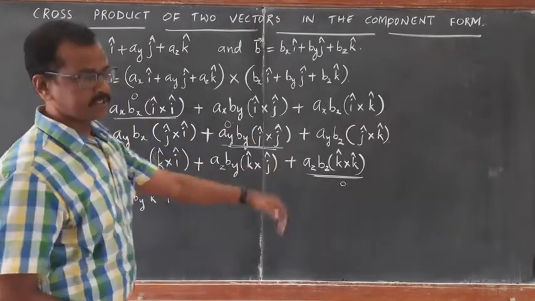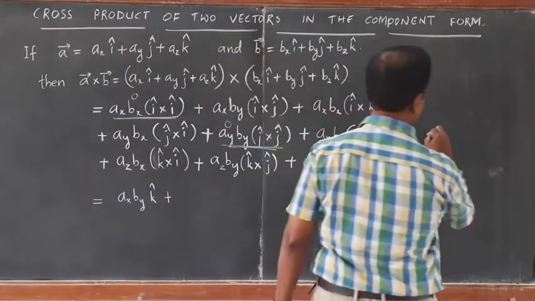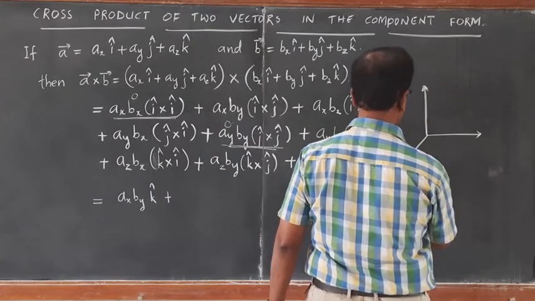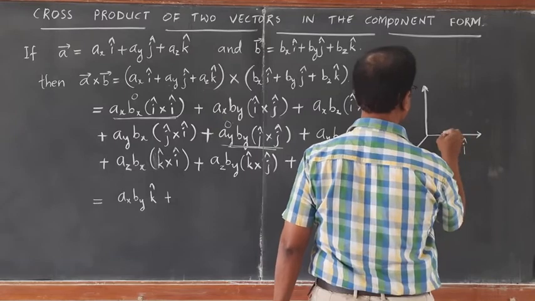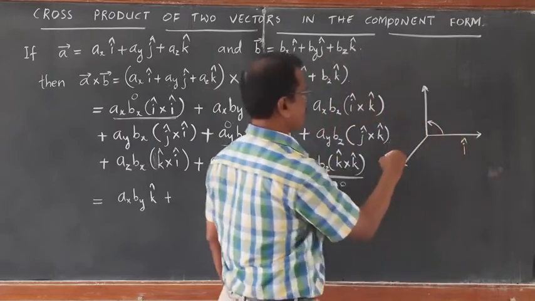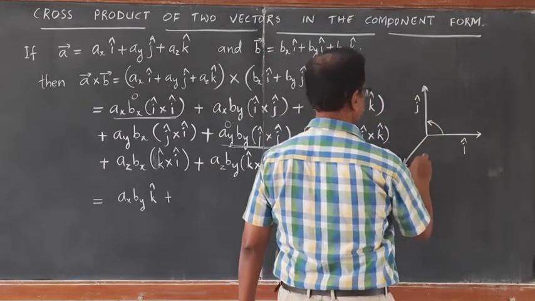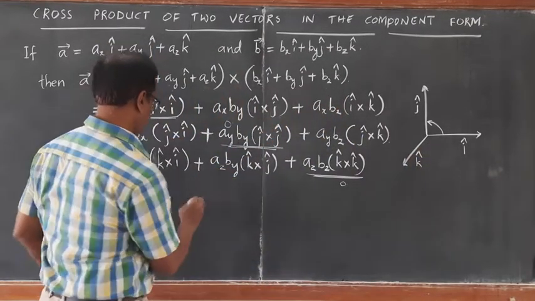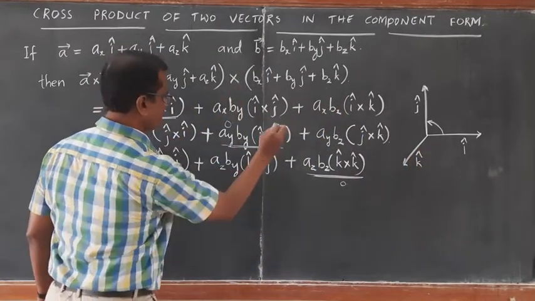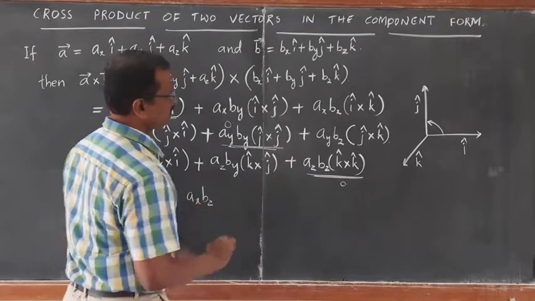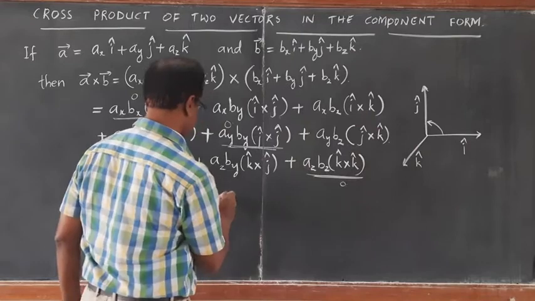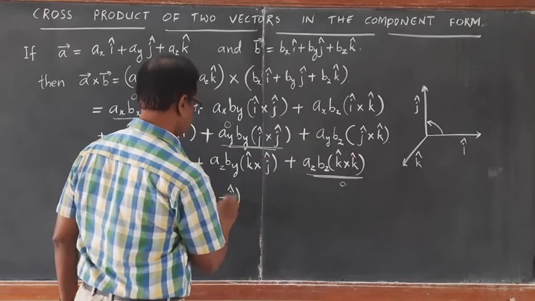So it will be confusing, so I suggest you draw i, j, k quickly and follow the cyclic order. i cross j gives you k, plus ax bz, i cross k. If you are going in the reverse order, then it becomes minus j.